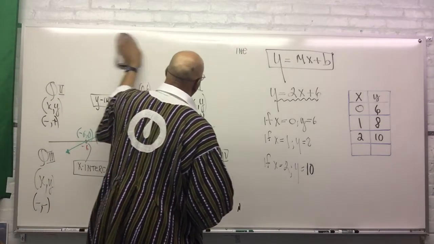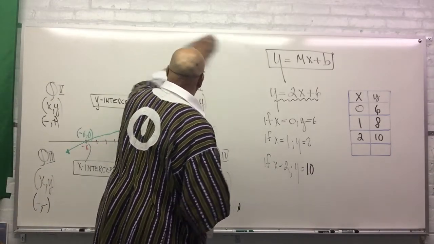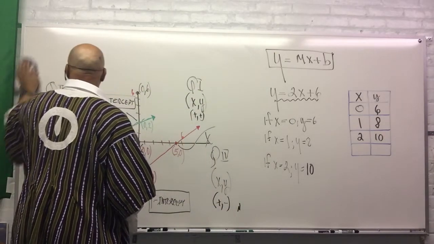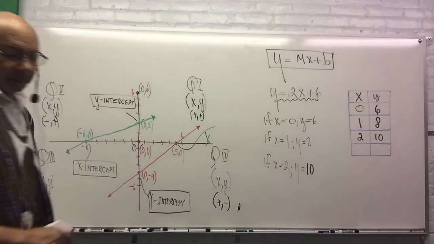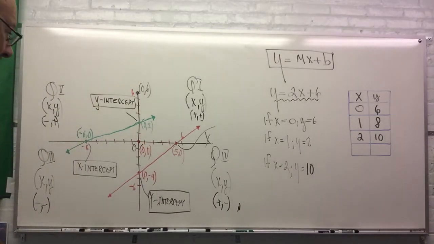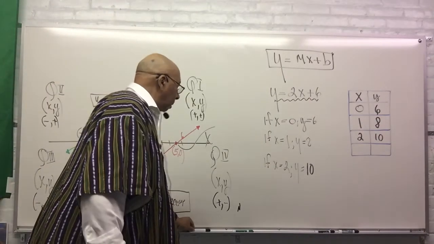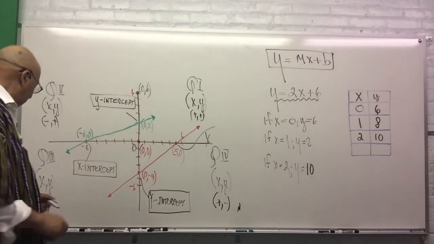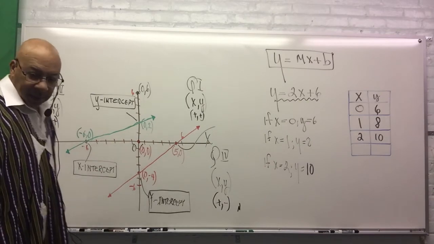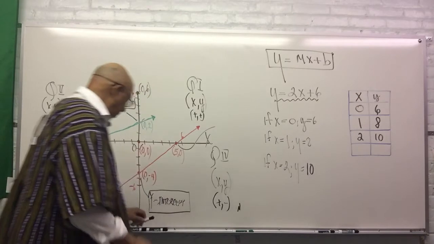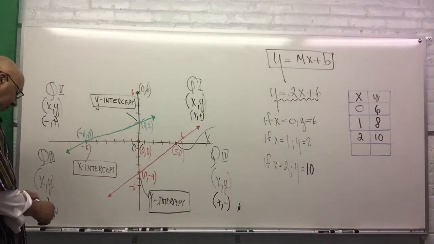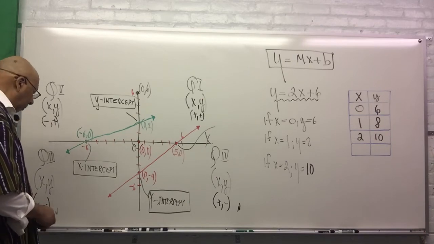Because we don't want our line to be crowded with those words. Then you won't be able to see it clearly. So the next point we have is 1, 8. I have to find a marker that is really good for you because I want you to be able to see very clearly what we're writing.